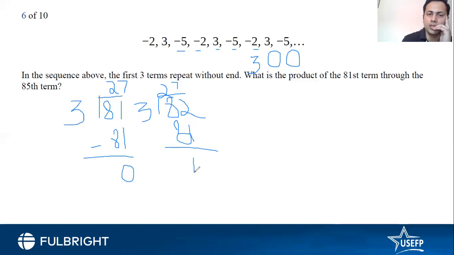This would have meant that the pattern repeated 27 times. However, there is one more term after it. So the pattern completed 27 times, we got to the -5, and then we are at the next term after it. So we would have to start multiplying from -2.